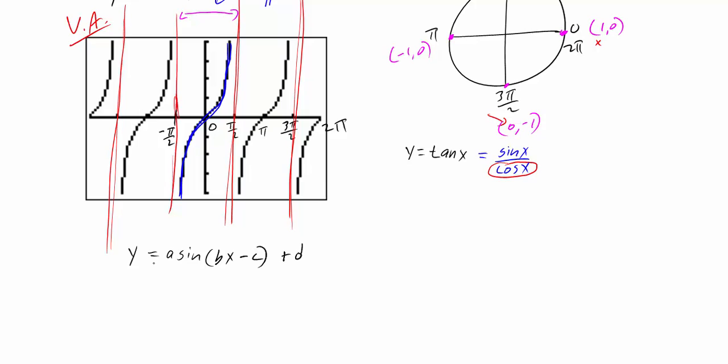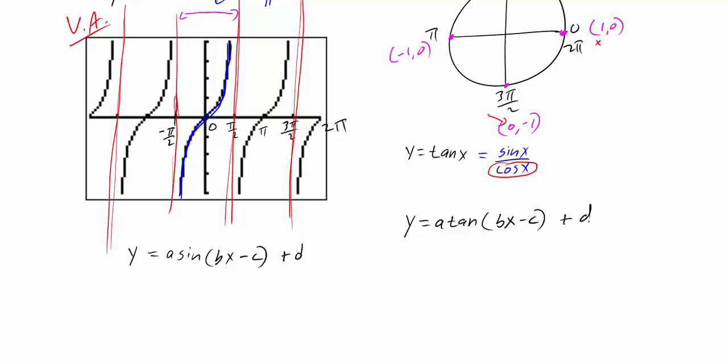If you remember how we talked about the different transformations, the a, the b, and c, the bx minus c was the phase shift. The 2 pi over b was the period, a was the amplitude, and d was shifting the graph up or down. Well, we're going to have a similar thing here for our tangent function, where we have y equals a tangent of bx minus c plus d.